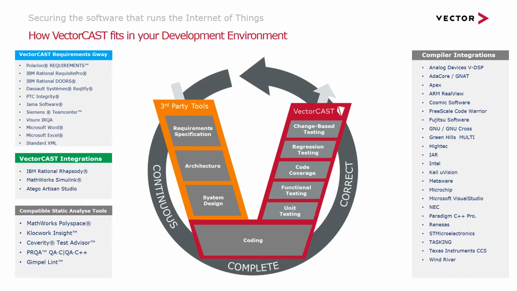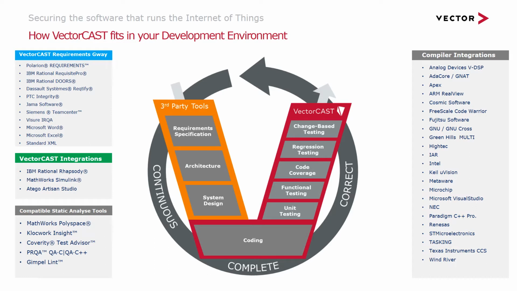With the VectorCast product family, Vector is specialized in the testing of embedded C, C++, and Ada applications. VectorCast is designed for the development of safety-critical software in all industries where evidence for functional safety has to be provided. If we look at the V model, we find the VectorCast solutions at the bottom and on the right side, in the area of system and unit test.